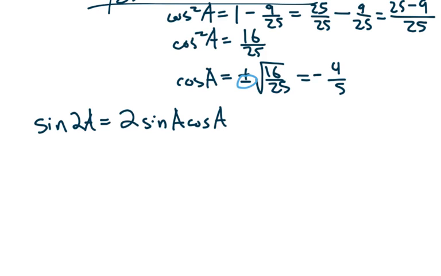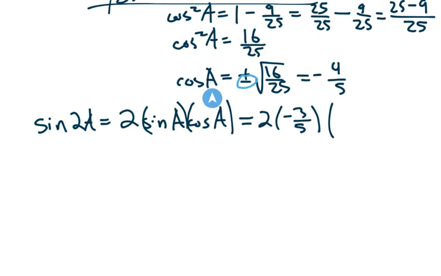So coming back to it, sine of 2a is equal to 2 sine a cosine a. I was told at the top that sine a, not a, sine a, the four-letter phrase, sine a is equal to negative 3/5. And cosine of a, notice how this says cosine a, not a, cosine a equals negative 4/5.